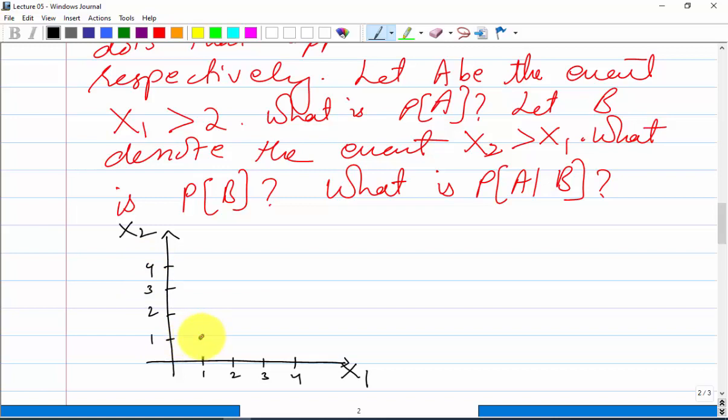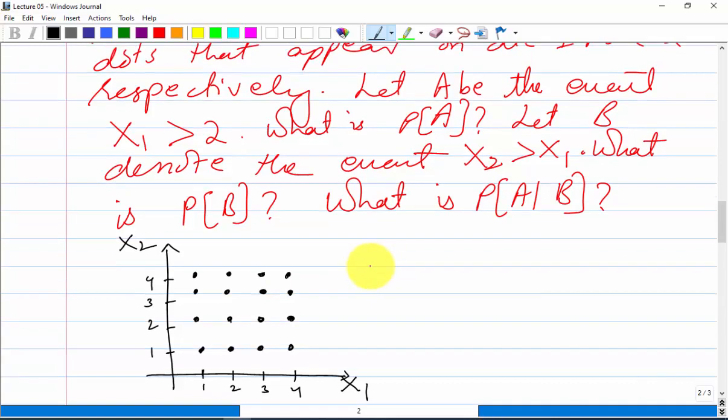the outcomes could be 1 1, 1 2, 1 3, 1 4, 2 1, 2 2, 2 3, 2 4, 3 1, 3 2, 3 3, 3 4, 4 1, 4 2, 4 3, 4 4.